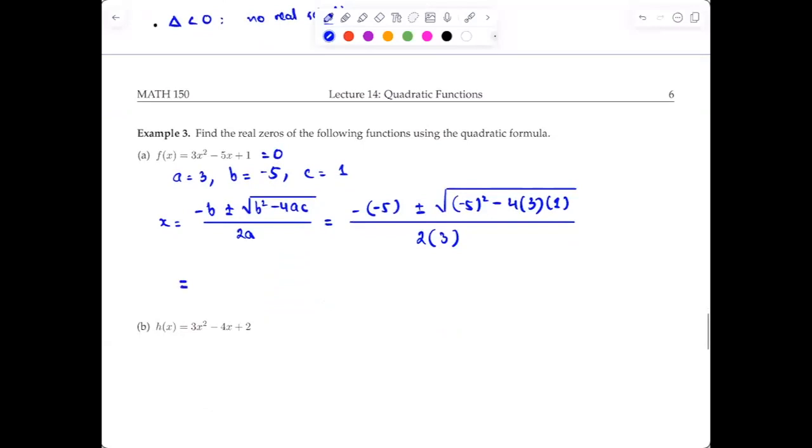So here you got -5 plus and minus square root of 13 over 6. All right, and just leave it like that, because we're not going to use a calculator to describe the square root of 13. Yes, positive. So negative and negative, thank you. So this should be +5.